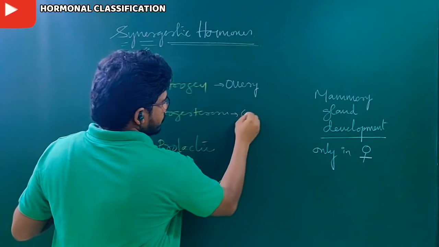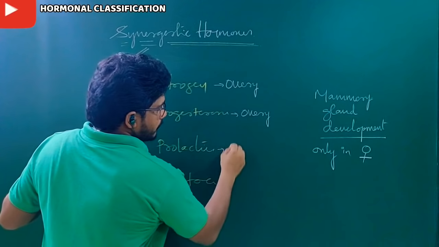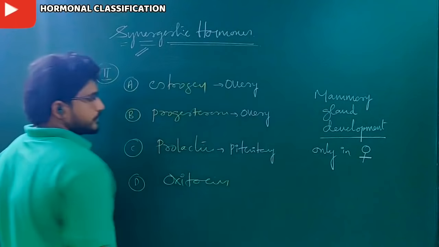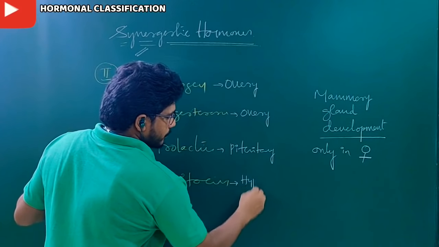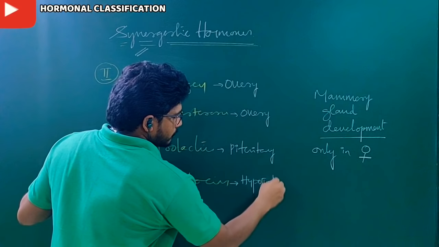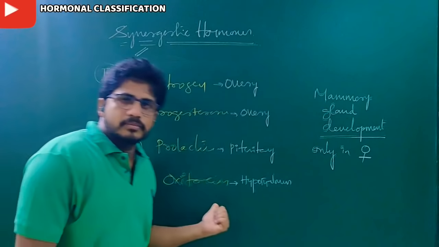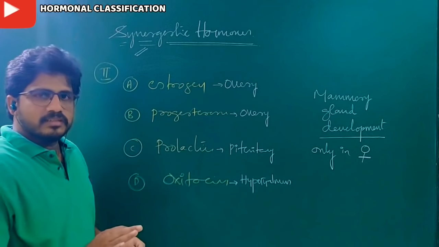Progesterone is also coming from the ovary, right? Prolactin is coming from the pituitary of the female, not male. Oxytocin is a hypothalamic hormone, but it is secreted by the pituitary. It is present in both males and females. So their sources are different.